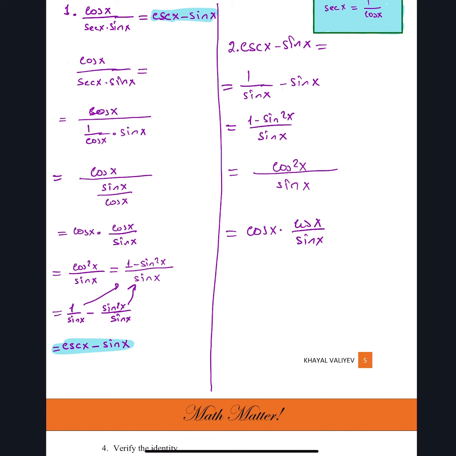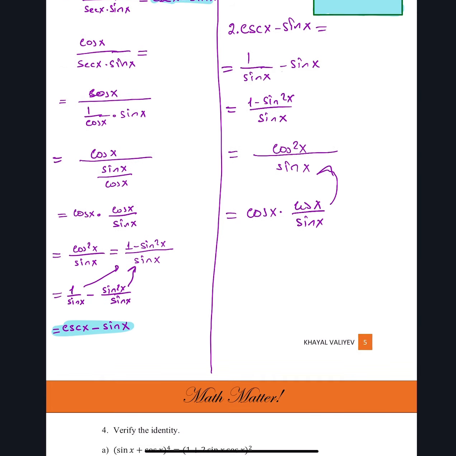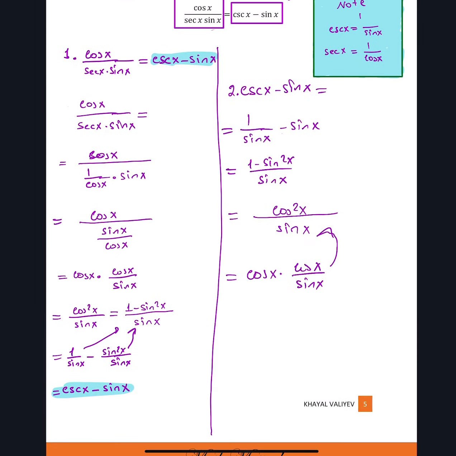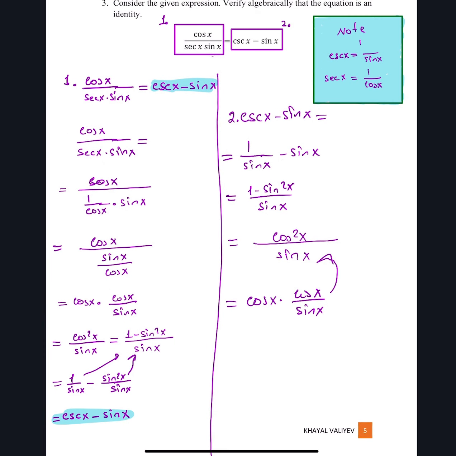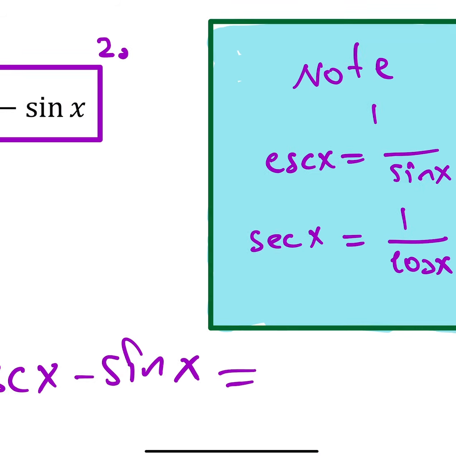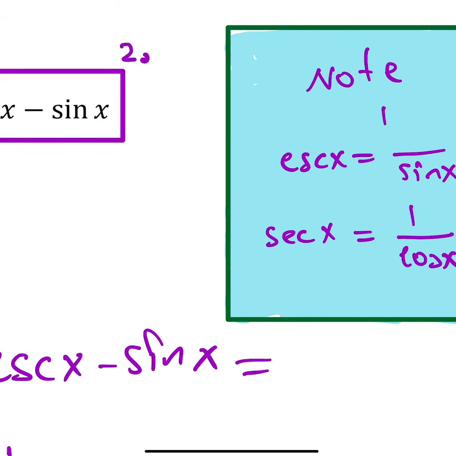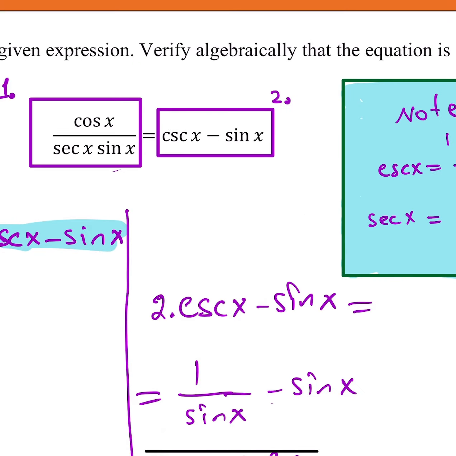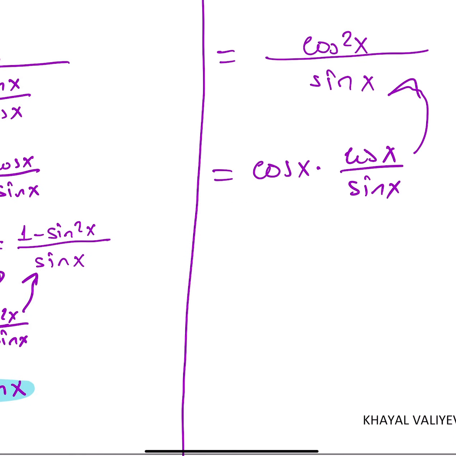As you see, this is the same as we got here. We're going to multiply cosine by the numerator of the fraction, which will be cosine squared x. Because secant equals 1 over cosine, that means cosine itself will be 1 over secant x, right?